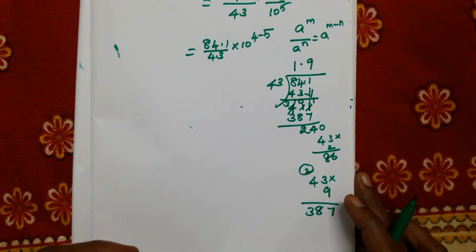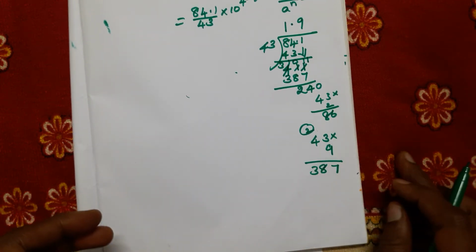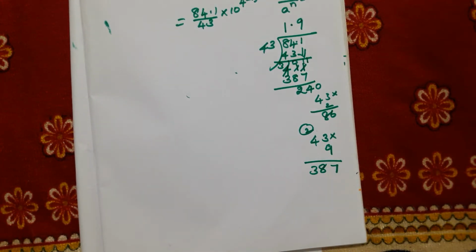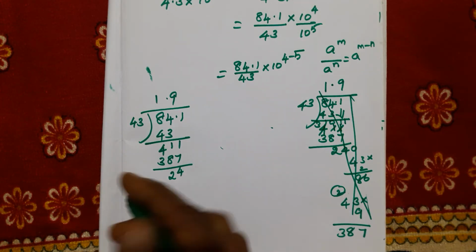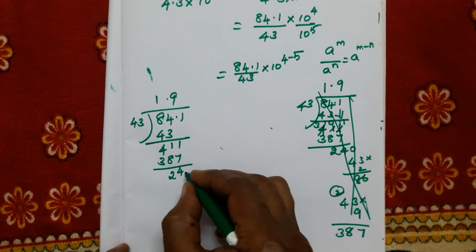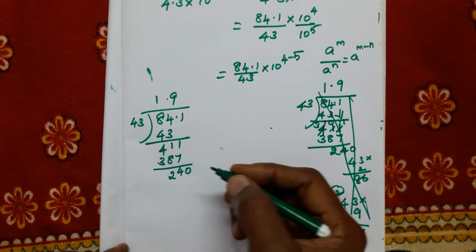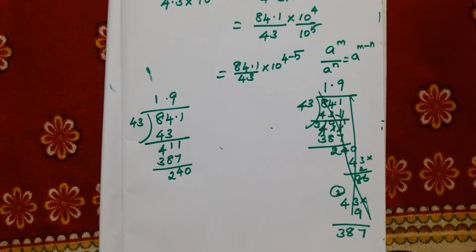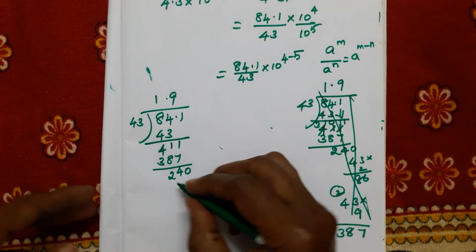Next again we can include 0 here. When we are including 0, what are we getting? 240. 240, how many times? 5 times.